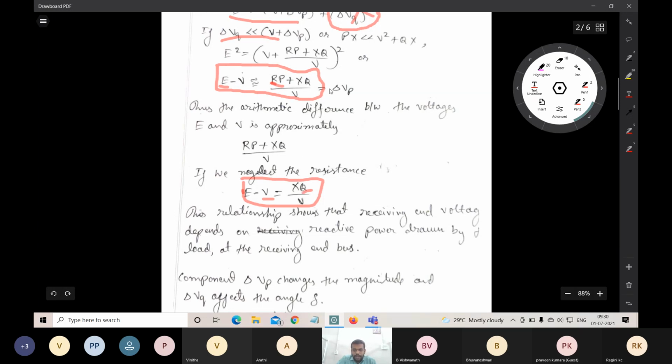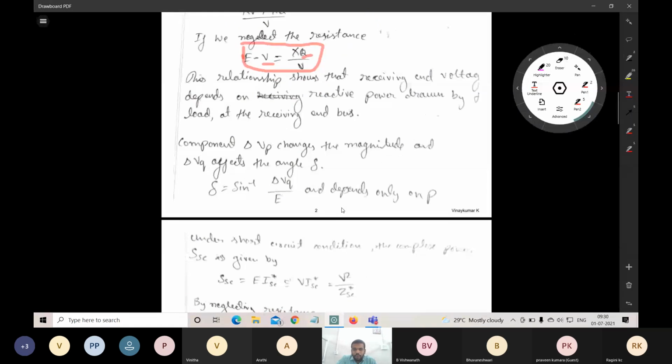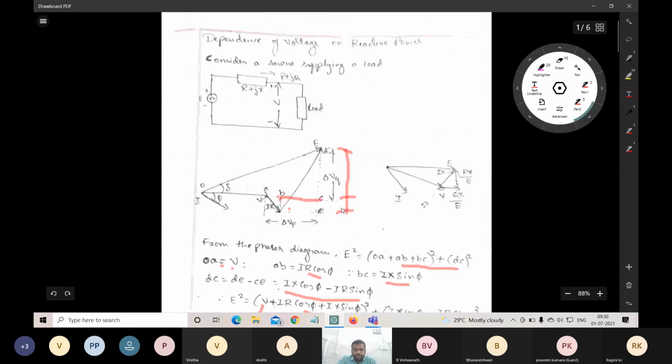So the component delta Vp changes the magnitude and the delta Vq affects the angle delta. Delta is the angle between the supply voltage and the receiving end voltage.